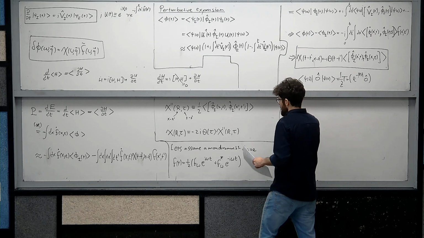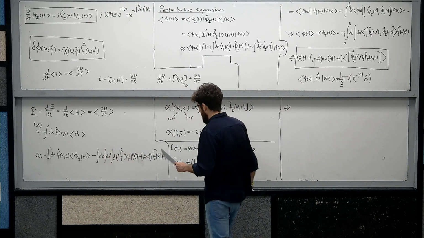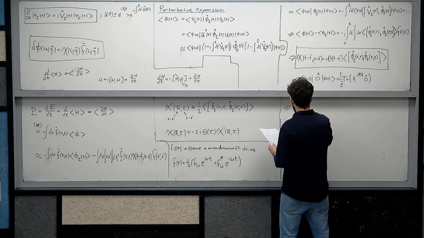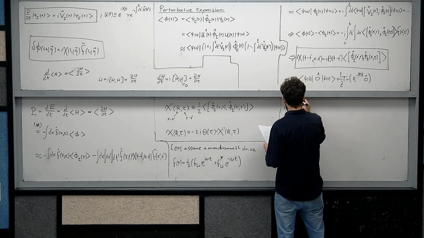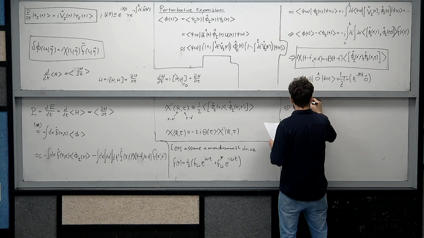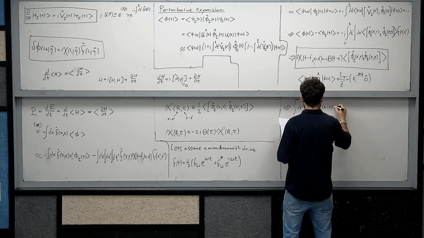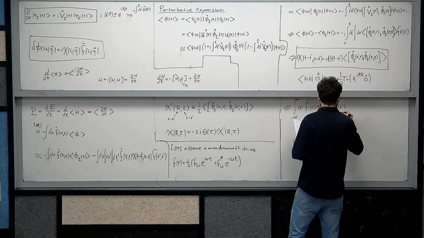That implies that this second part here is basically an integral from minus infinity to infinity dt prime of f dot of t chi of t minus t prime f of t prime.